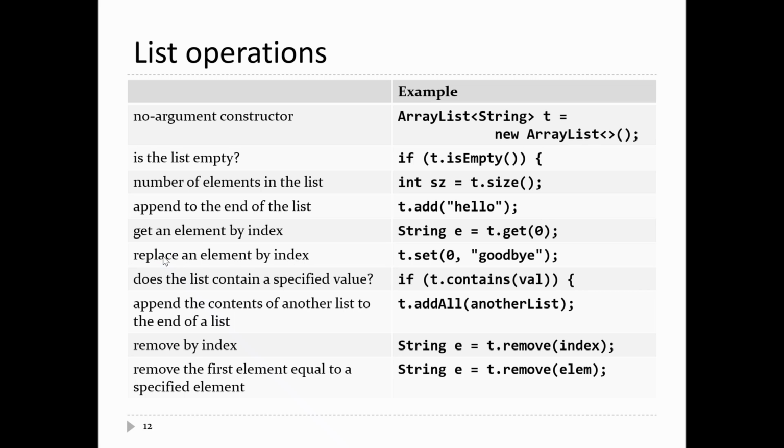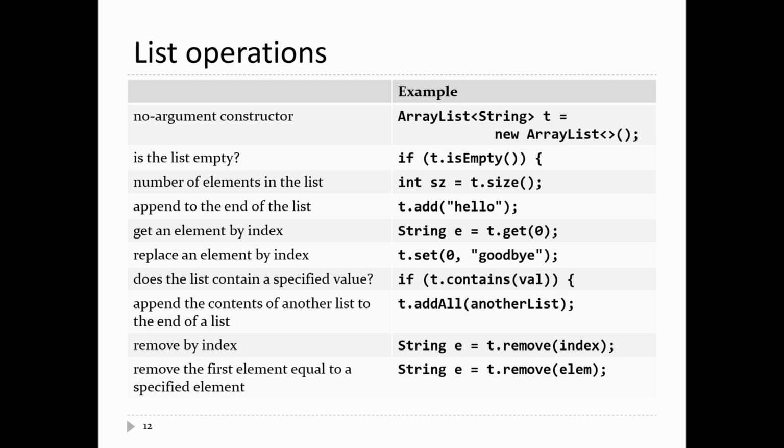Okay. The other basic or fundamental operation for an array list is setting an existing element. You have to remember, setting an existing element. You cannot set a non-existing element of a list. For example, a lot of students will try to add something to an empty list by writing t.set(0). You can't do that.